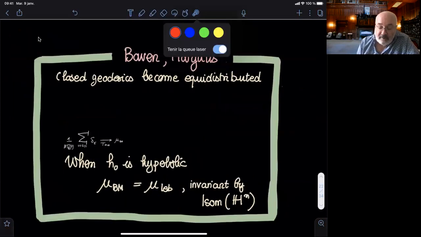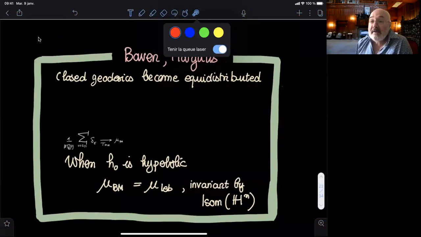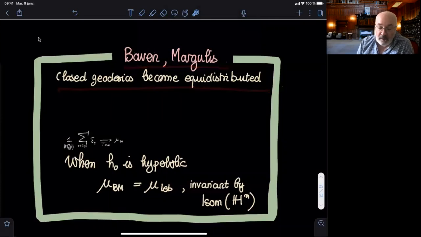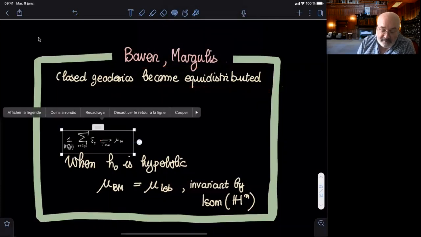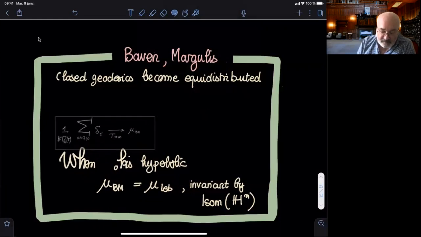A beautiful result, which is also due to Bowen and Margulis at the same time, and which is intimately related to the result I explained before, says that closed geodesics become equidistributed.